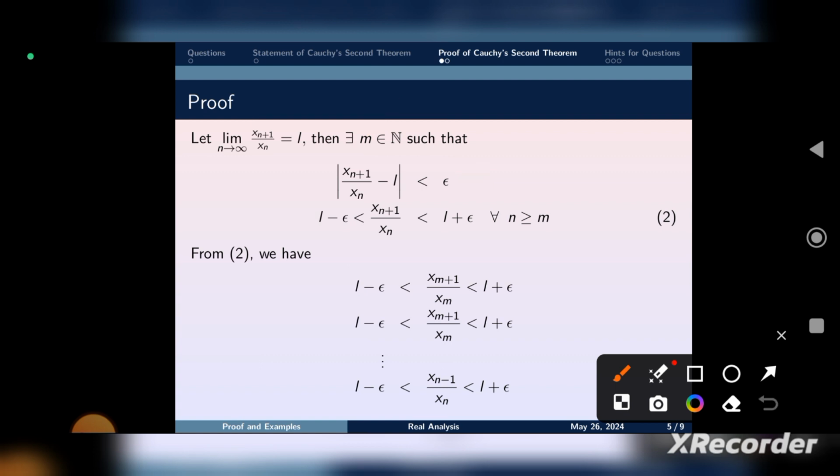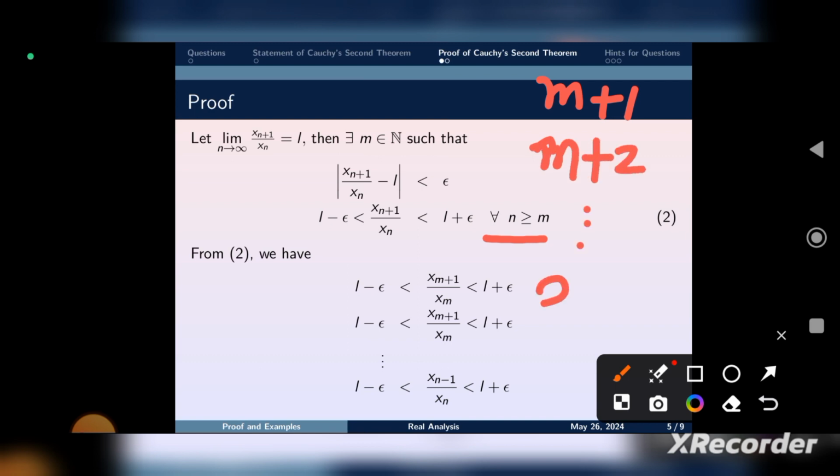By opening up the absolute value, we will obtain inequality 2, and inequality 2 holds for all natural numbers which are greater than or equal to m. M is a natural number, so m plus 1 is also greater than m. This implies this inequality holds for m plus 1, this inequality also holds for m plus 2, and so on.